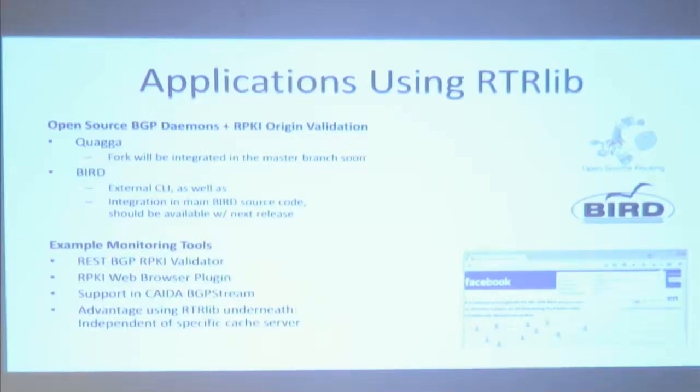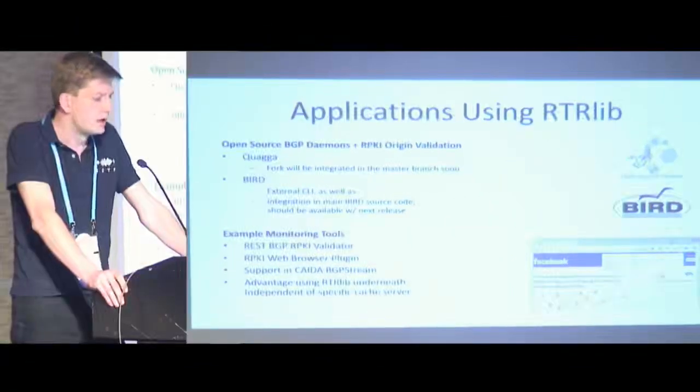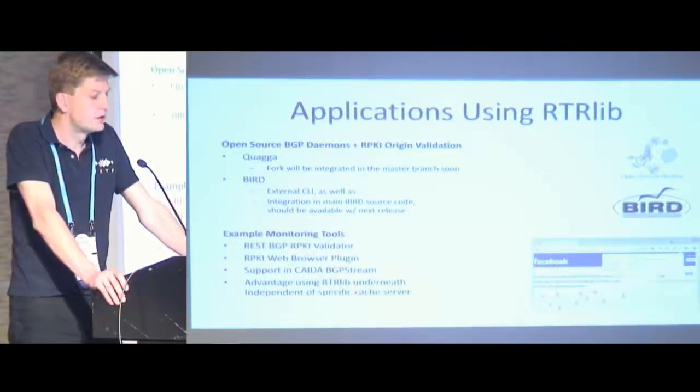This library supports origin validation in two very prominent open source BGP daemons, Quagga and Bird. At the moment, the implementation is available in separate forks, but these branches will be merged soon into the master branch of both daemons. There are also applications that allow you to monitor the origin validation.